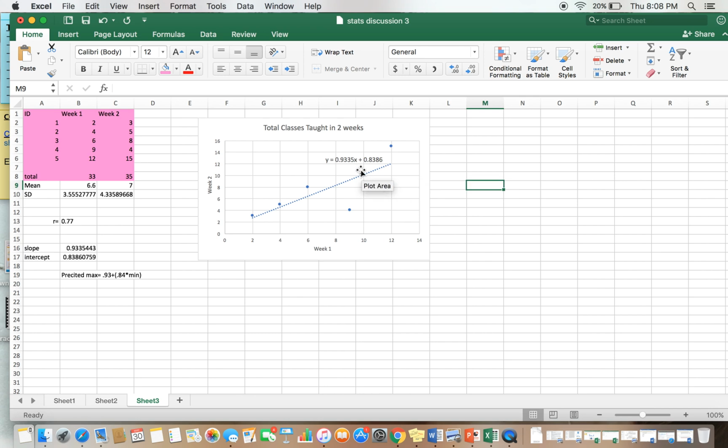It's not very high numbers on our y-intercept, nothing too crazy, but as you can see, it does take into account this person that taught 9 classes in the first week and only 4 in the second week, and takes into account someone who taught high classes both weeks as opposed to other people. But other than that, it is a pretty appropriate regression line, and I think it displays the data very well.